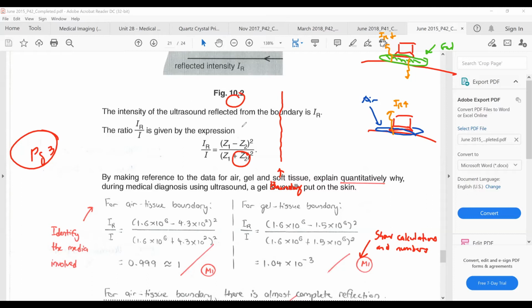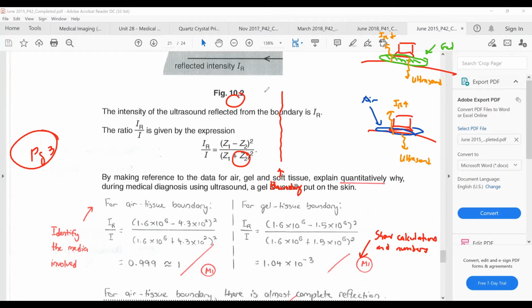You're trying to show actual numbers here. So you can actually do something like this. This is ultrasound. This is also ultrasound. Okay. So you can consider two cases, air-tissue boundary and gel-tissue boundary. So you're trying to sum in the values and work it out.